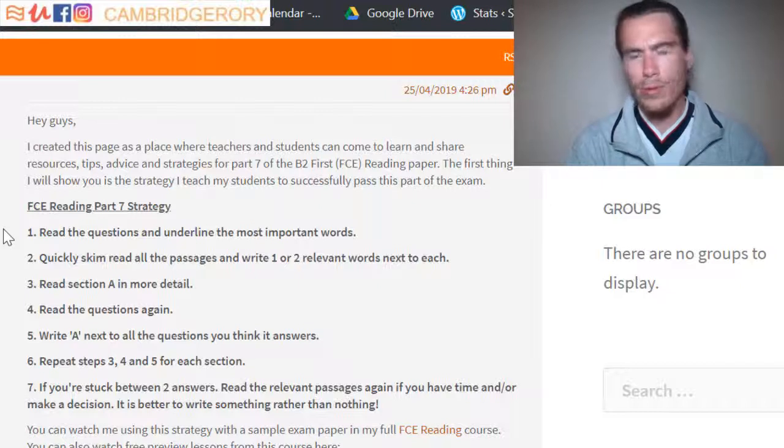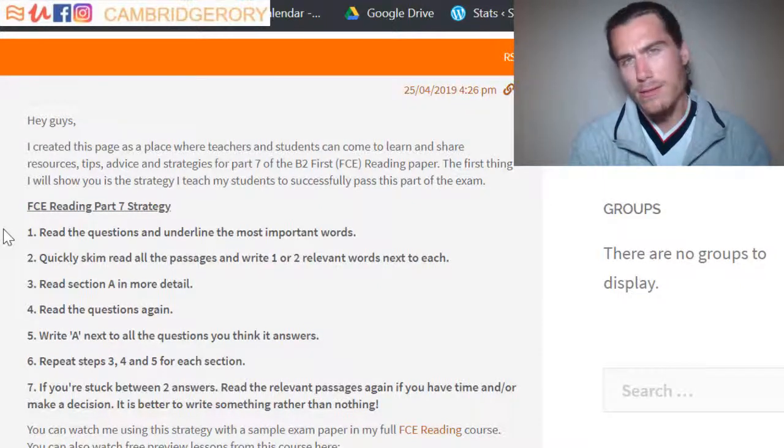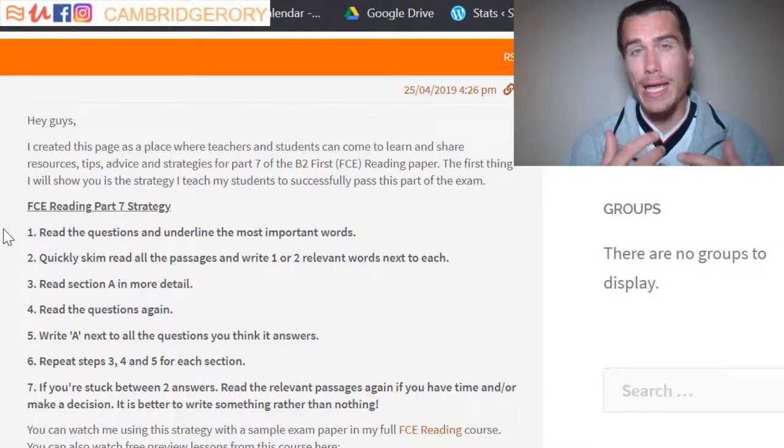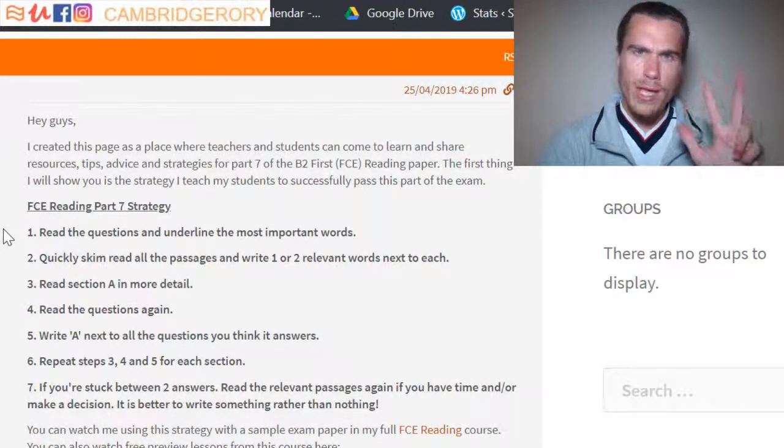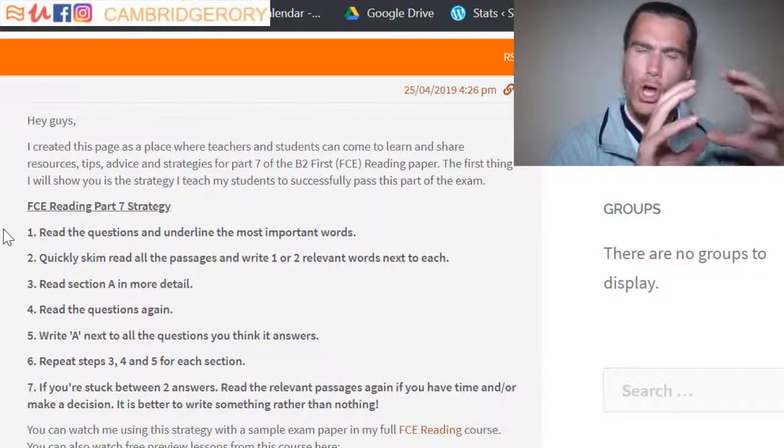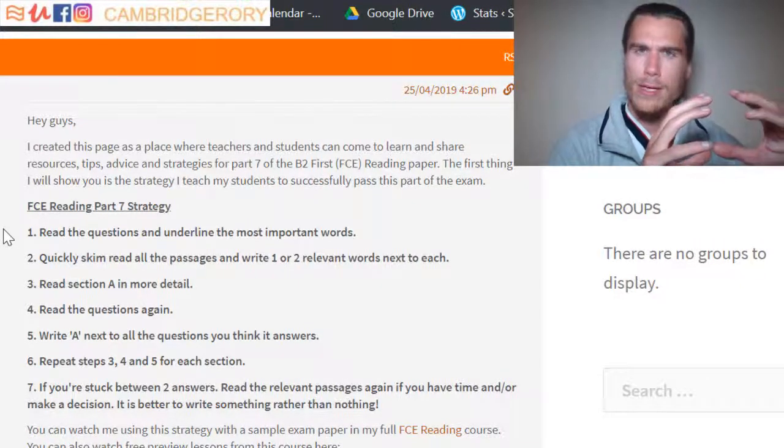So for example, if there is a passage talking about the economy, then maybe writing down the word economy will help you. Step number 3 is then to focus on passage A and read it in more detail.